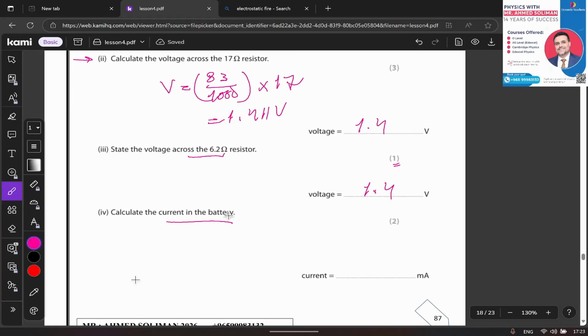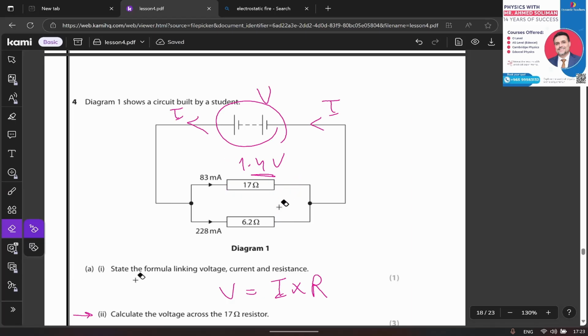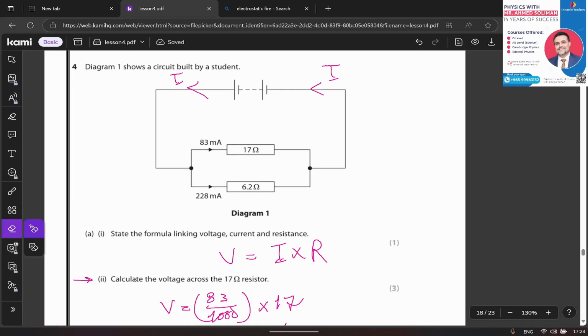Now he said calculate the current in the battery. He wants the current in the battery here. What is the current in the battery? Can you find it the easiest way? I do voltage divided by resistance.